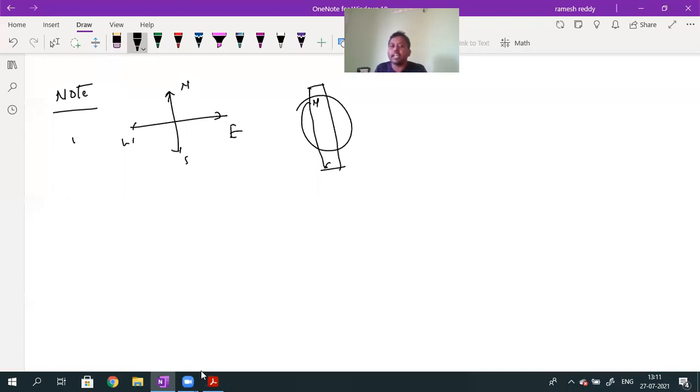Earth's magnetic field is also represented with magnetic field induction. Inside, the magnetic field direction is from south pole to north pole.